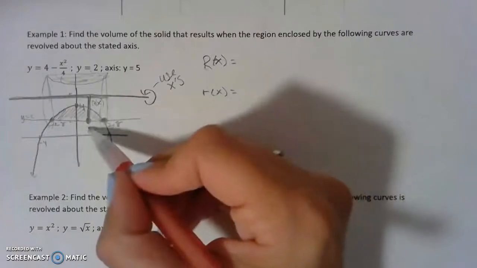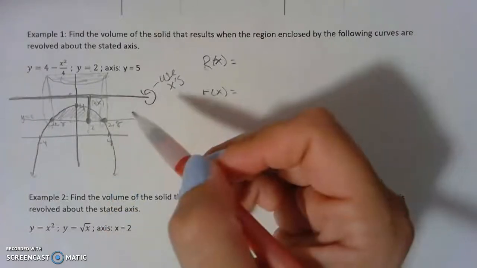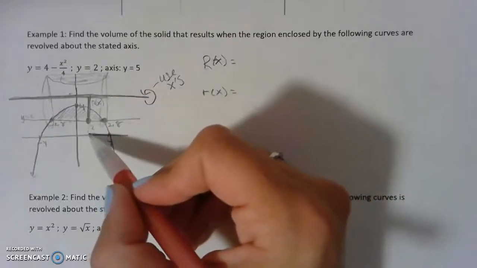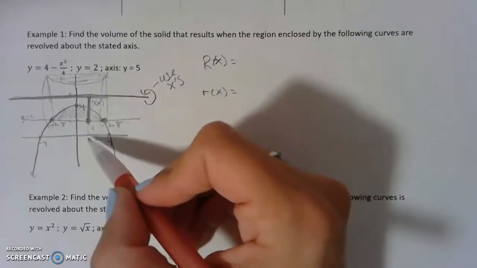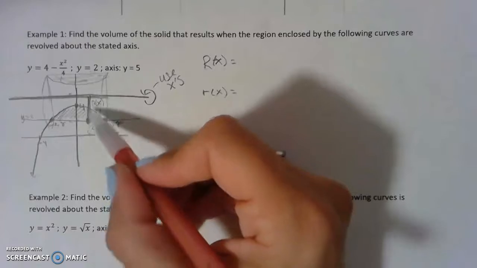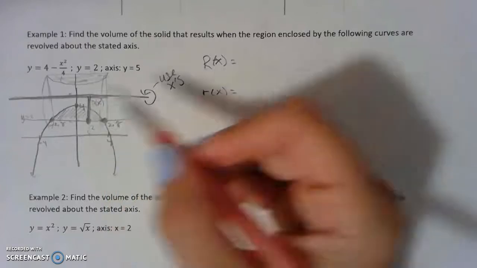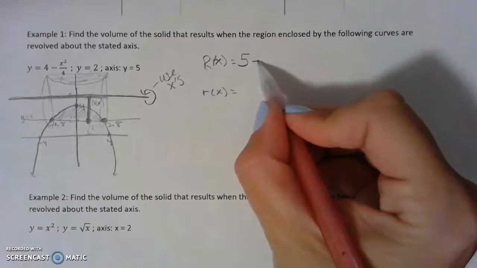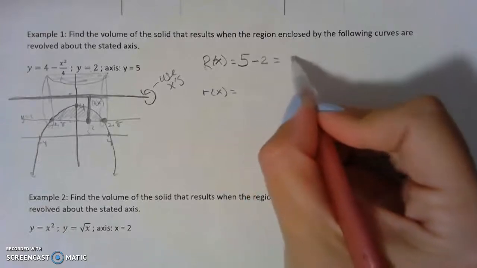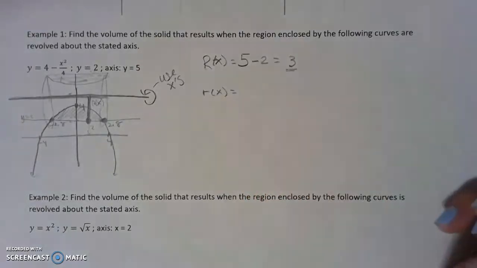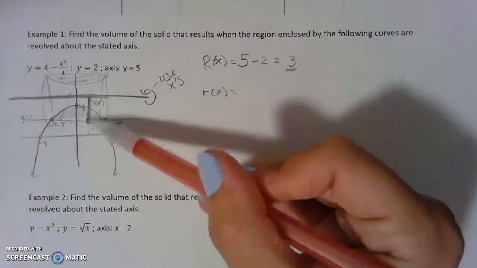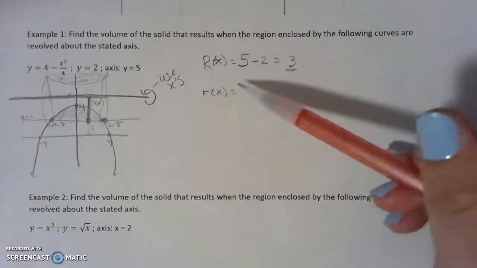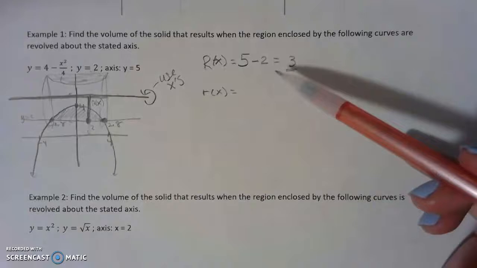But I know that this distance right here is 2, because that went from the axis, which is a value of 0, to 2. Now, we do know this whole thing because this is the line y equals 5. So this is really going to be that whole distance of 5 minus what we know, which is 2, which is going to give us that 3. Now, we could have counted this was 3 because that's a nice horizontal line, but I wanted to show you that process so you're making sure you're okay with that.